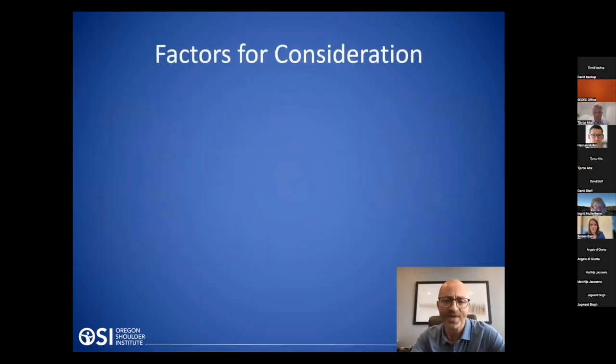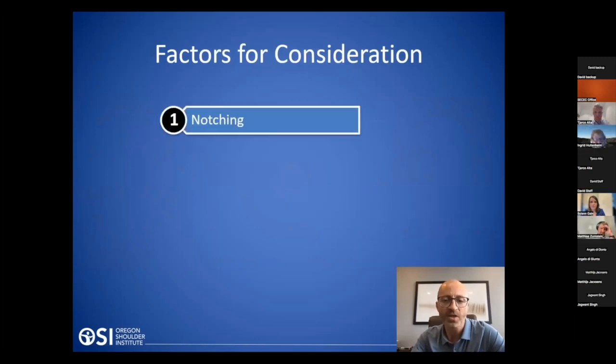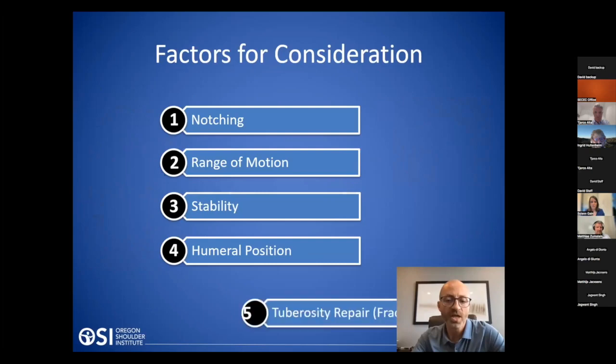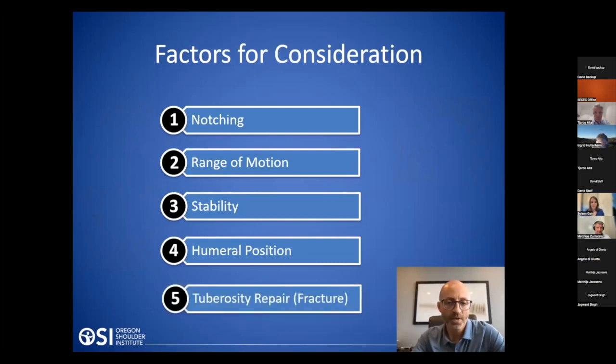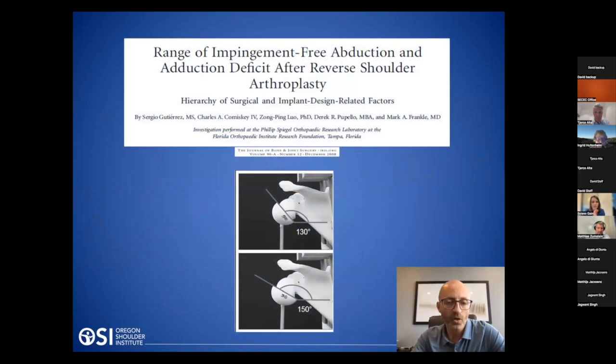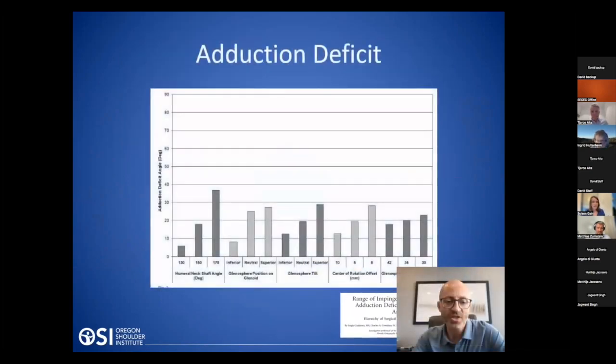So let's talk about some factors for consideration. Let's look at notching, range of motion, stability, humeral position, and tuberosity repair. If we look at notching first, Mark Frankel did the early work, and he looked at the hierarchy of implant design related factors that decrease bony impingement. And we look at the adduction deficit.